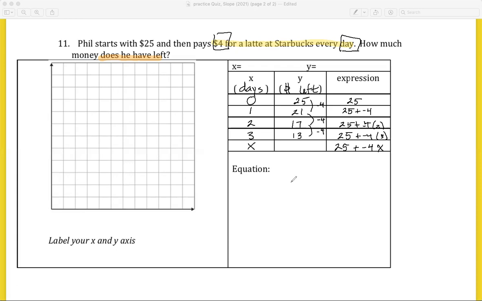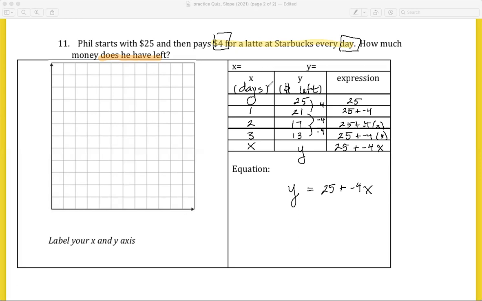So the equation, Y, the amount of money he has left, is going to be equal to the $25 he started with plus a reduction of 4 for every day, because he gets a latte every day.